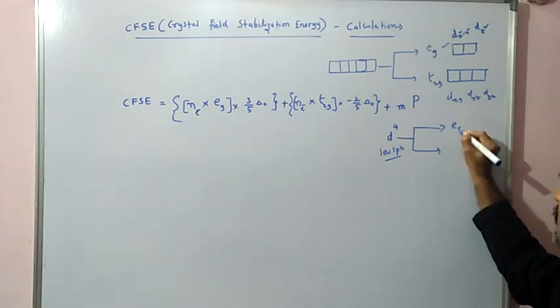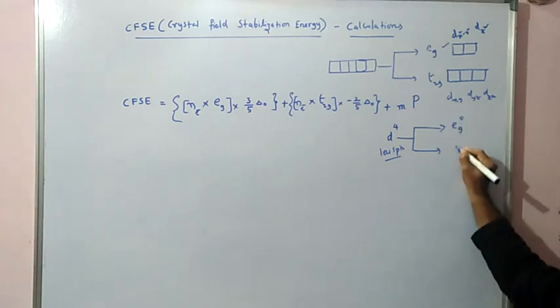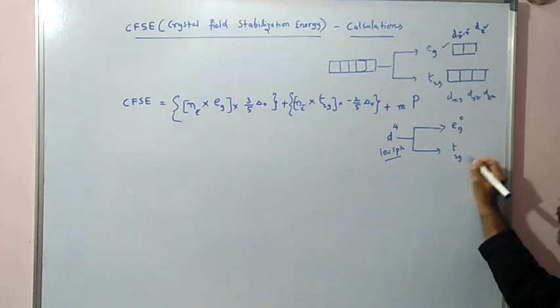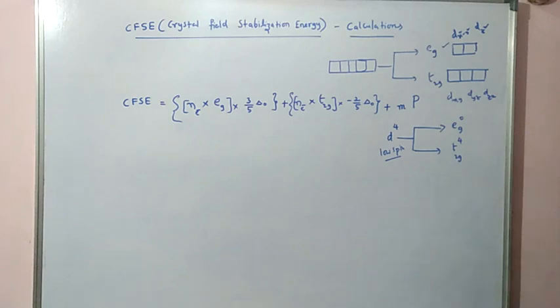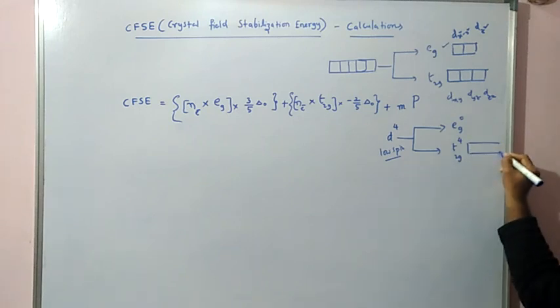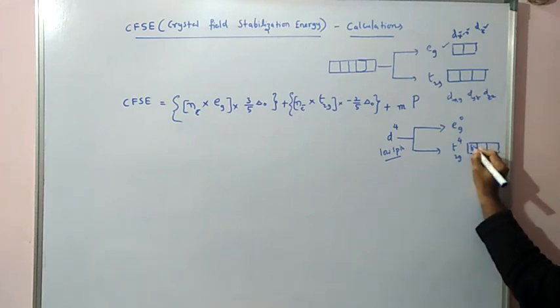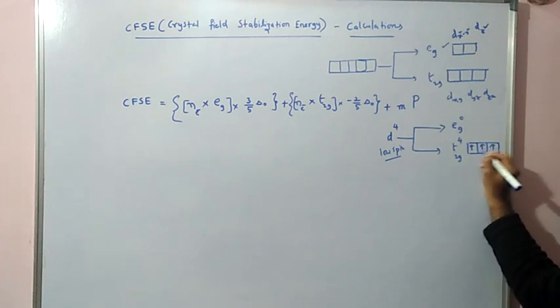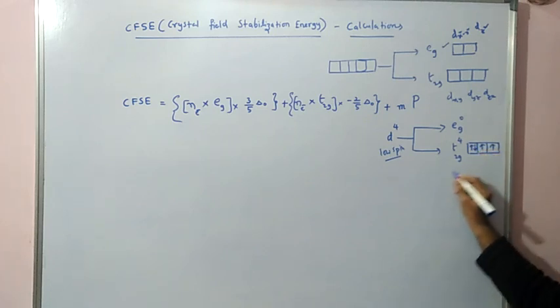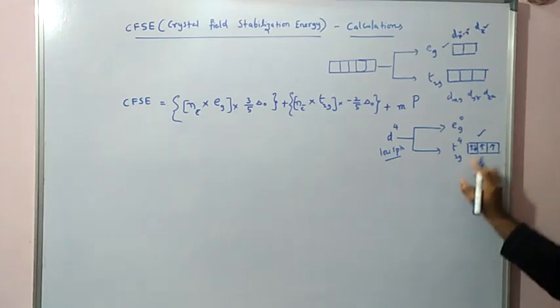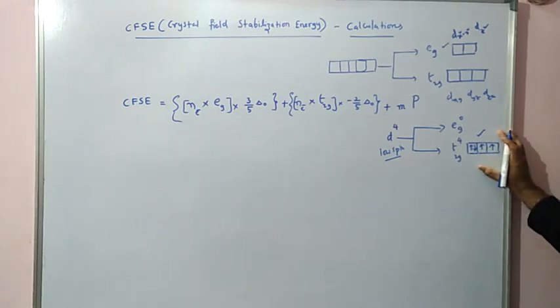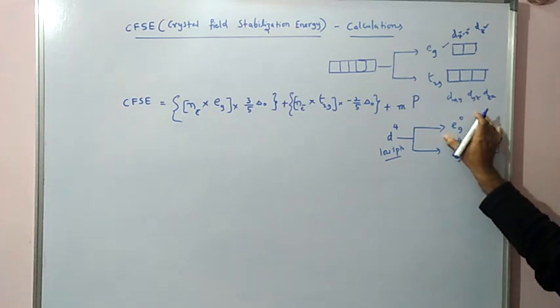The Eg will be 0 and T2g will be 4. How will the 4 be present? 1, 2, 3, and the fourth one is paired here. That means one pair is there. Total electrons is 4 in T2g. In Eg we don't have any electron.